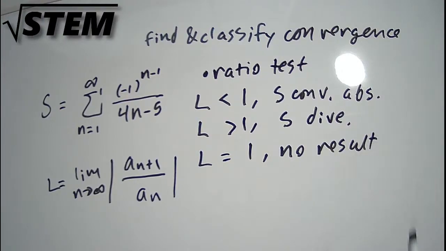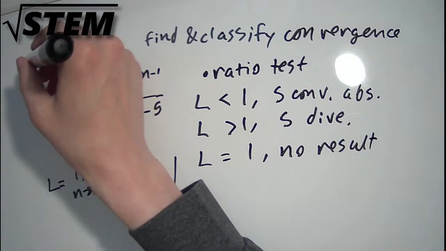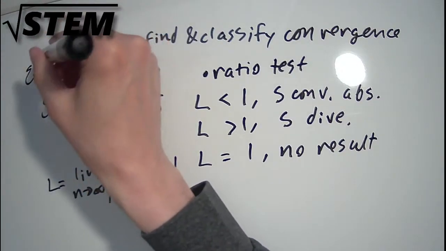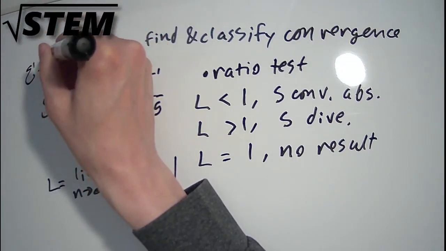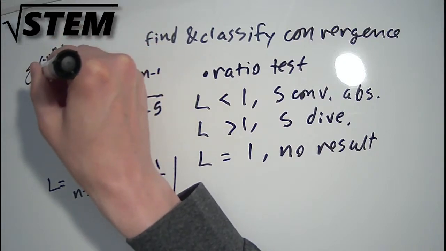We can't make any conclusions about it. And I've taken up most of my board space just by doing that. So let me rewrite the sum a little bit smaller up here so we have it to look at.